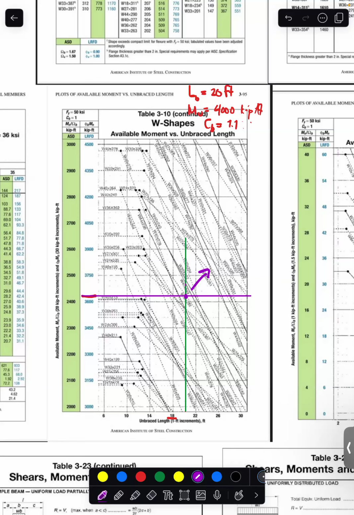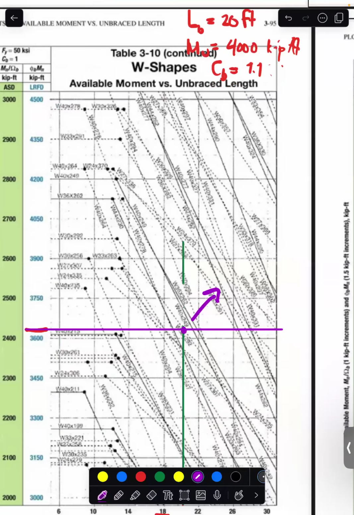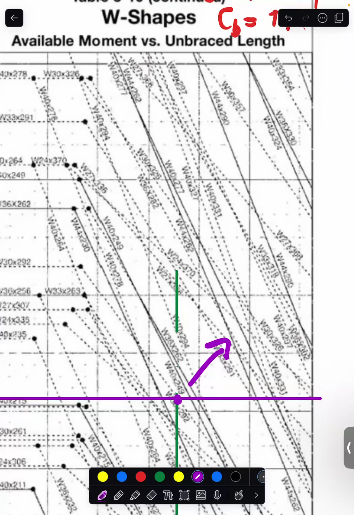So ano yung mga candidate? Meron kang W40 by 294, W40 by 249, W36 by 262, 294, 370, 331, 290, 257.